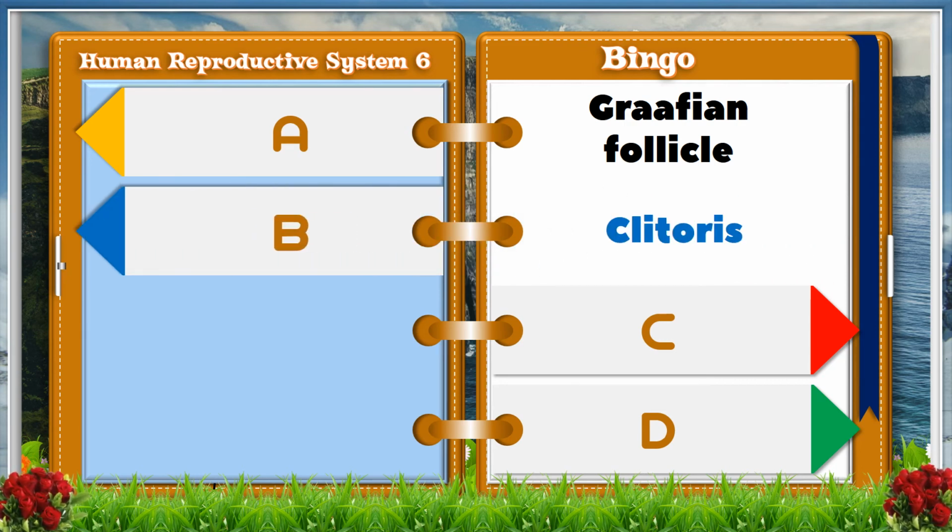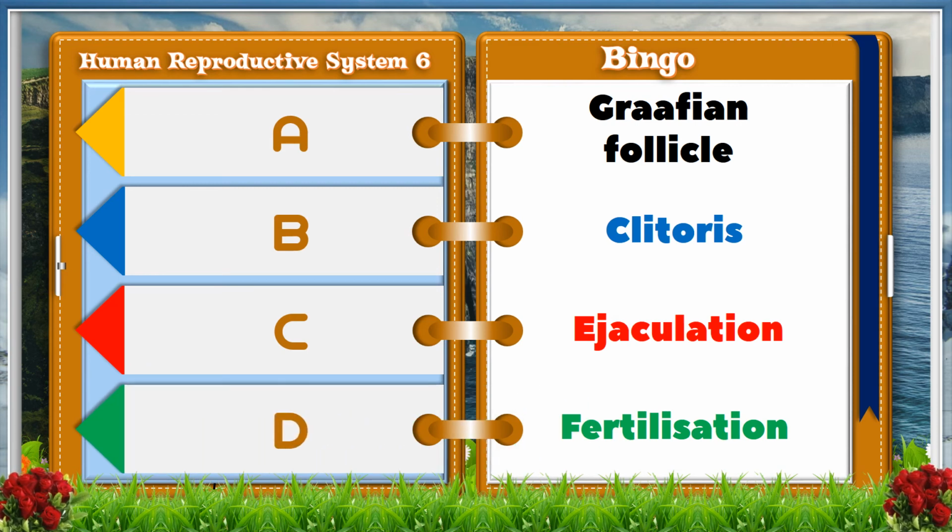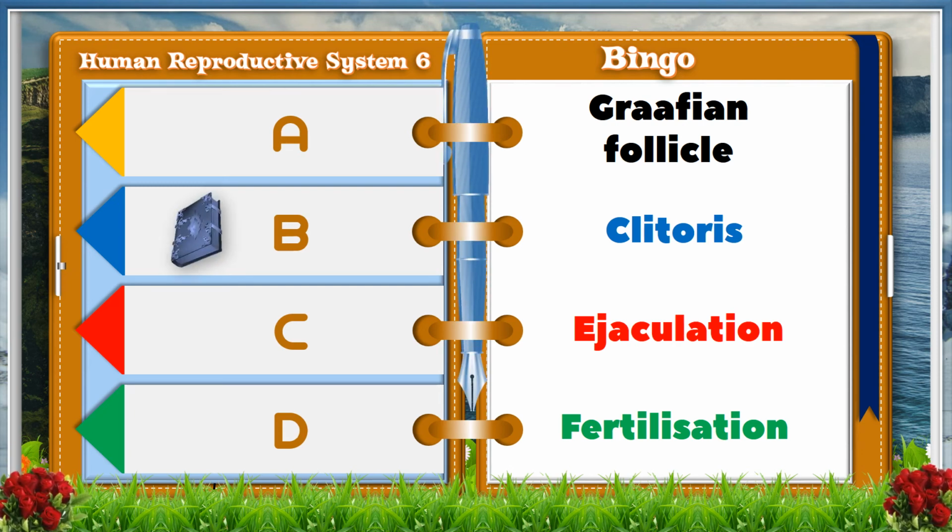B. Clitoris. C. Ejaculation. D. Fertilization. And the answer is B. Clitoris.